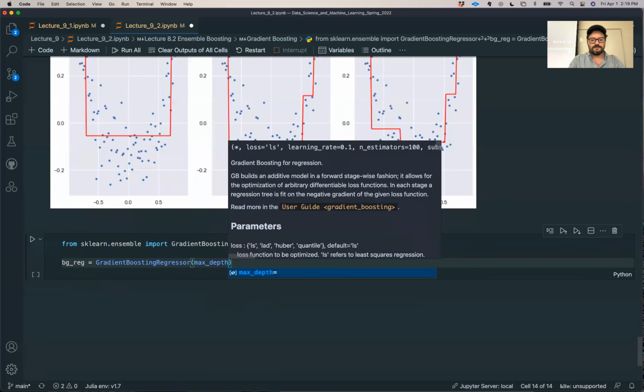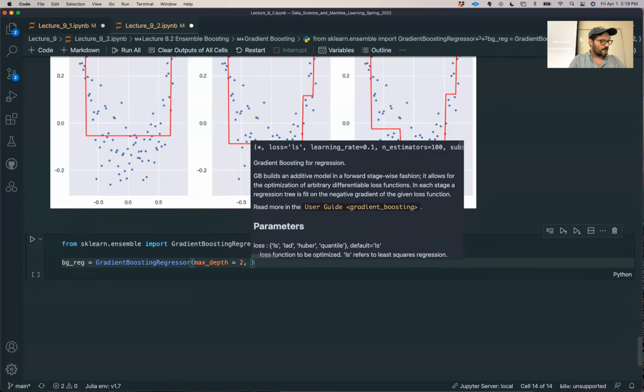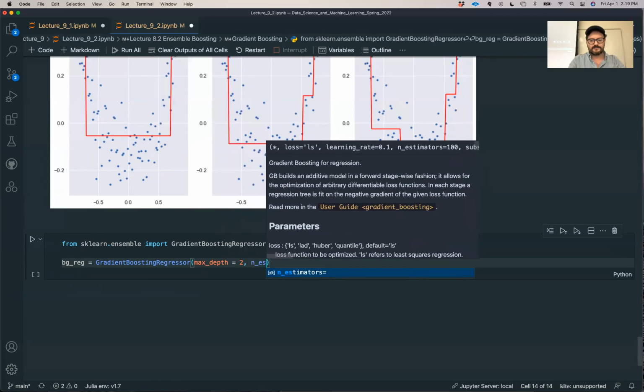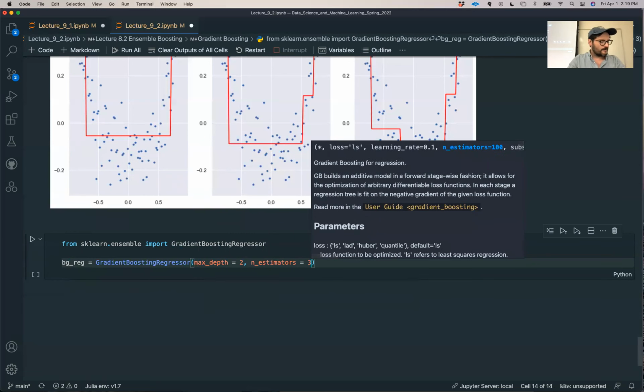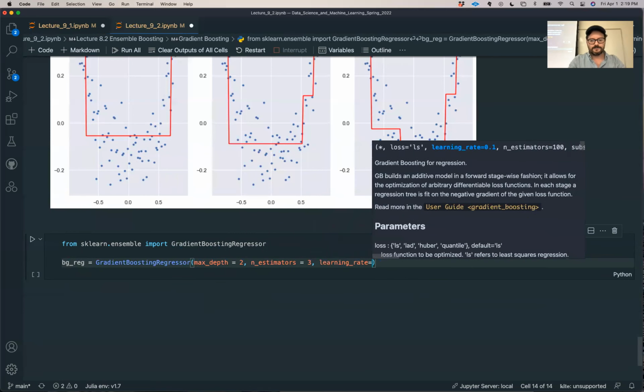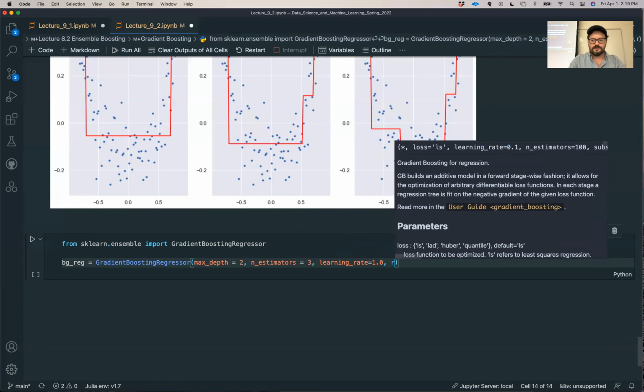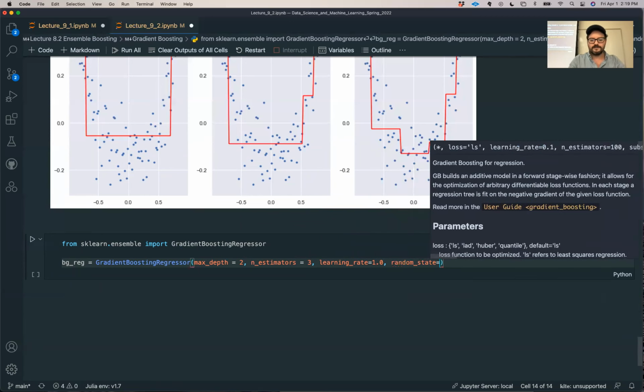Max depth equals 2. This will do the exact same thing. Number of estimators equals 3. And then learning rate, and I'll explain what that is in a moment, 1.0, and then random state 42.